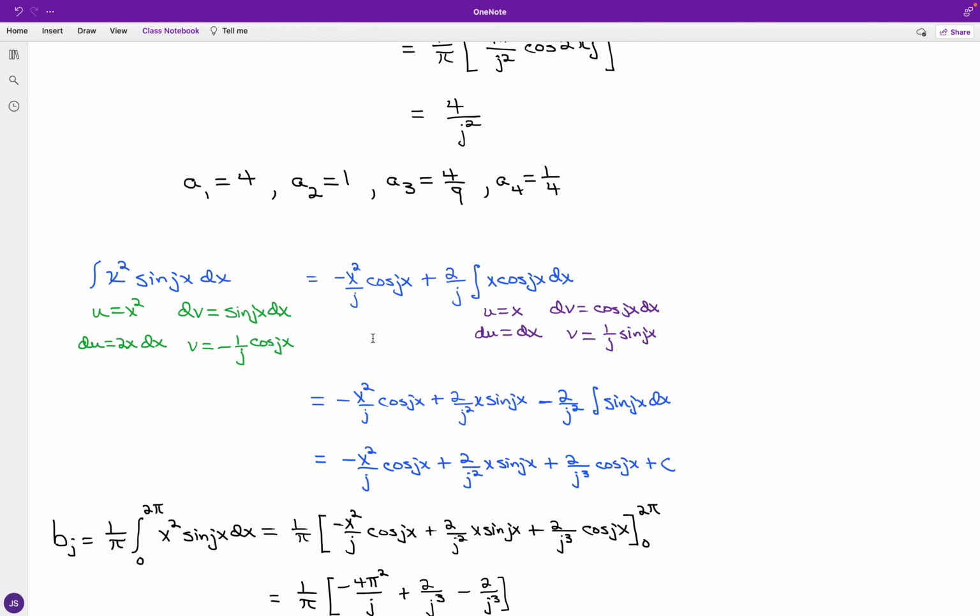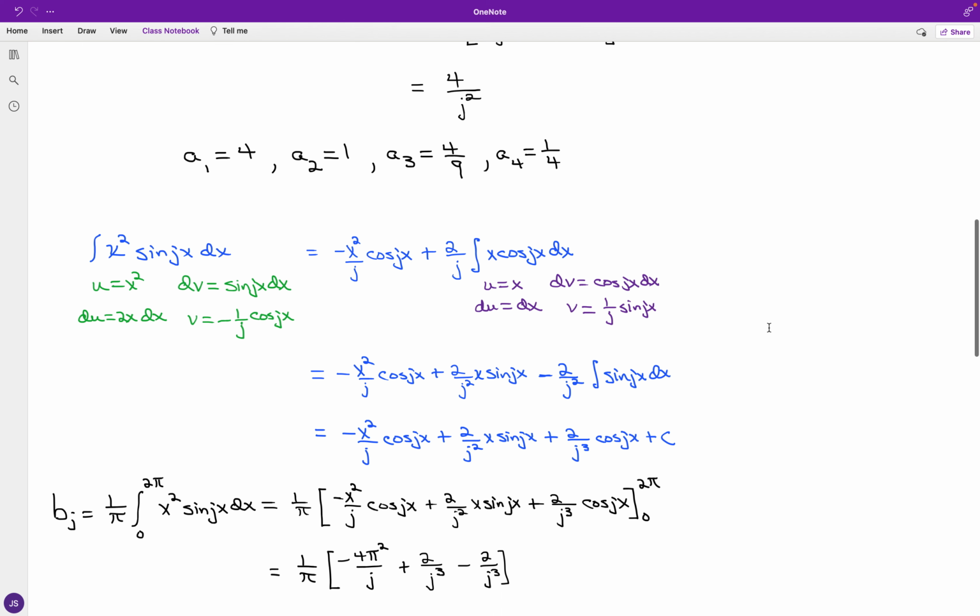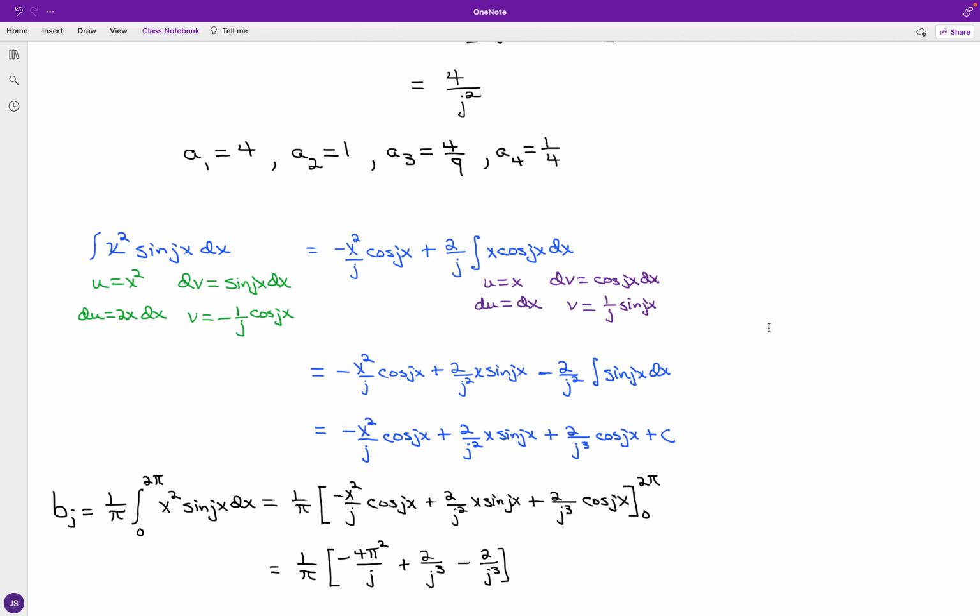For u times v, we have negative x squared over j cosine of jx, and for the subtraction of the integral of v du portion, that translates to the addition of 2 over j times the integral of x times the cosine of jx dx.